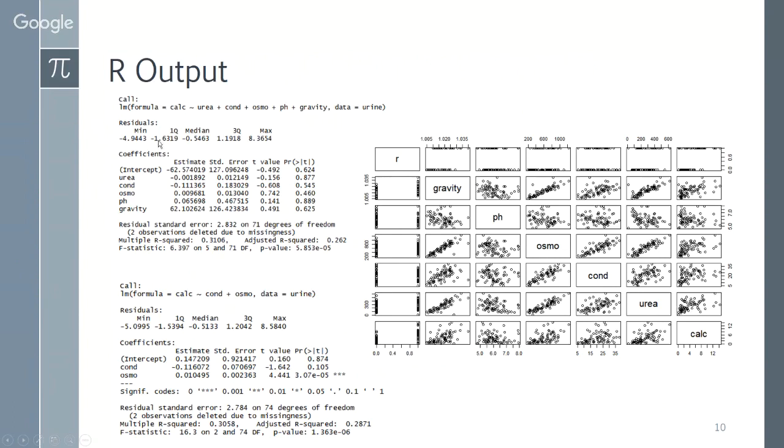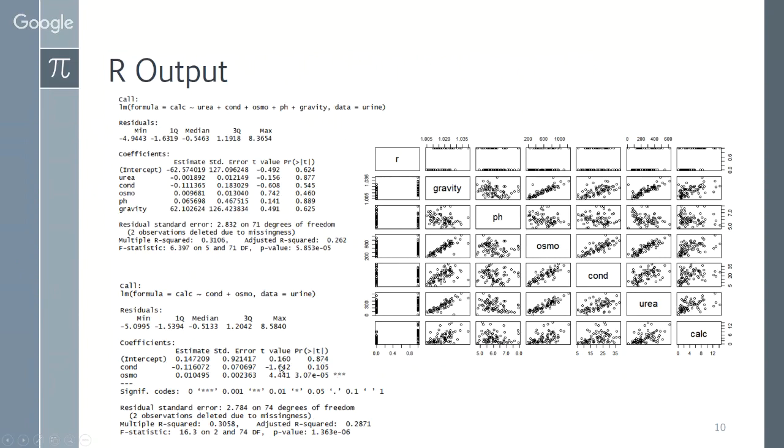If we submit this full model to a stepwise selection procedure, the procedure tells us that the model we should stick with is calcium plus the condition plus the osmosis. But we just said osmosis and condition are highly correlated to each other, yet they're both significant in a model. What's going on here?